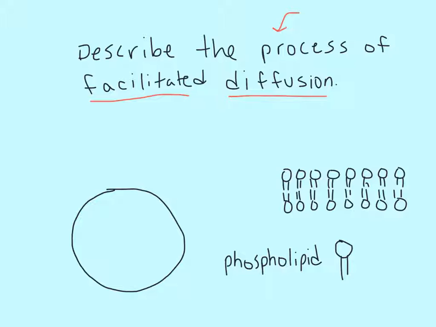Now hopefully you remember, in diffusion, substances moved with the concentration gradient, or from high concentration to low concentration. You also should remember that since it's going from high concentration to low concentration, no energy is required.